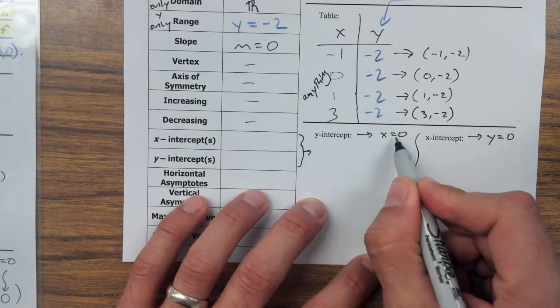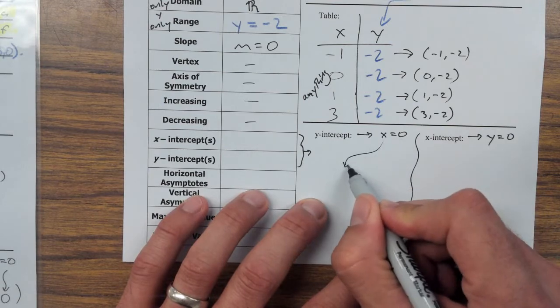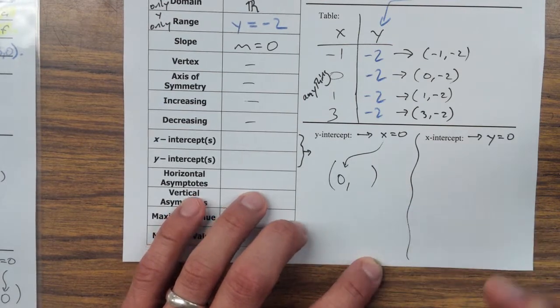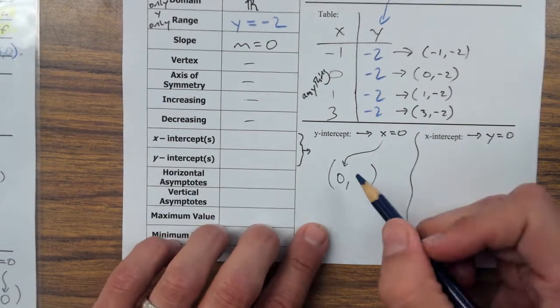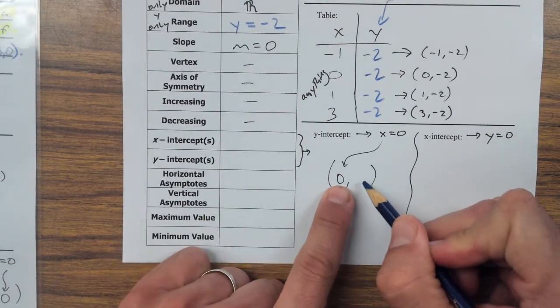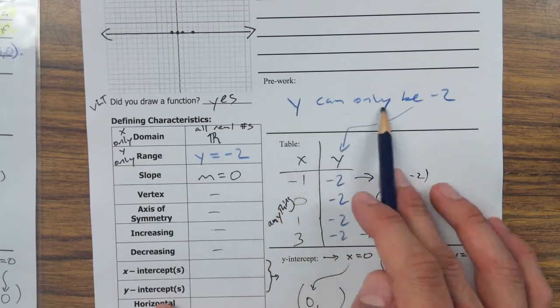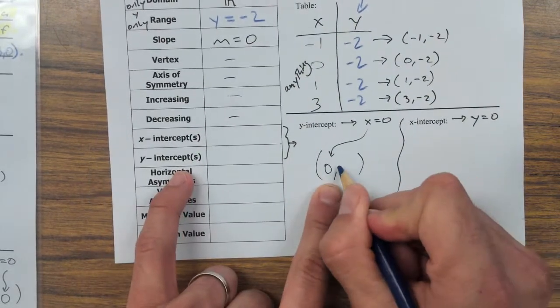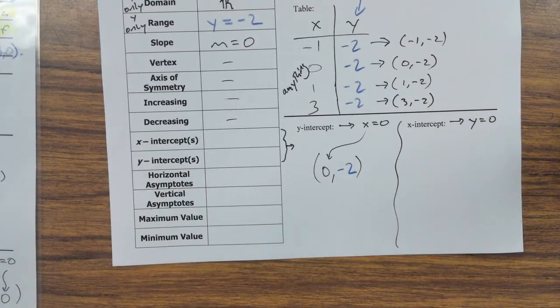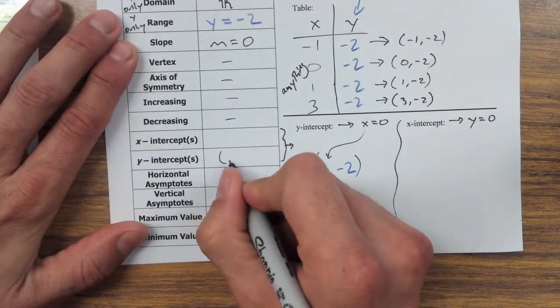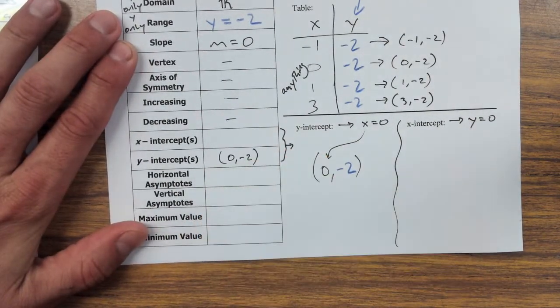For the y-intercept, x must be 0. What y is connected with x equals 0? Remember what our pre-work said: y can only be -2 for this problem. So the y-intercept is (0, -2).